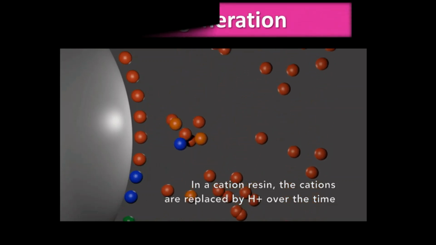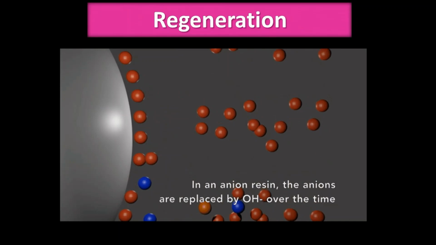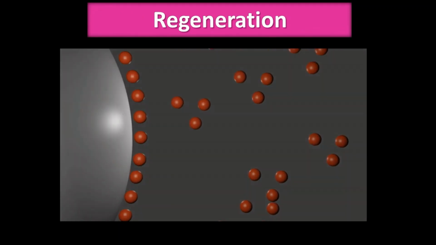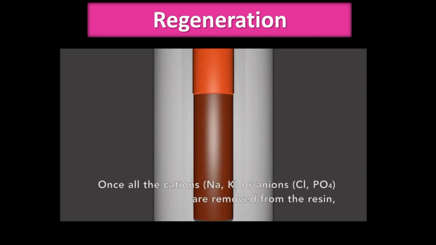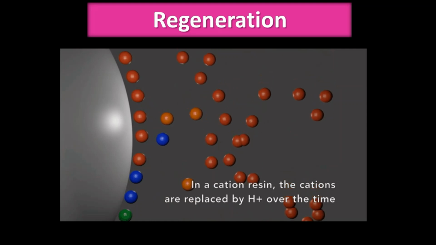There are many advantages and disadvantages in the demineralization or ion exchange process. The best part of this process is we can reduce the hardness up to 2 ppm, and we can easily treat water with high acidity or alkalinity.